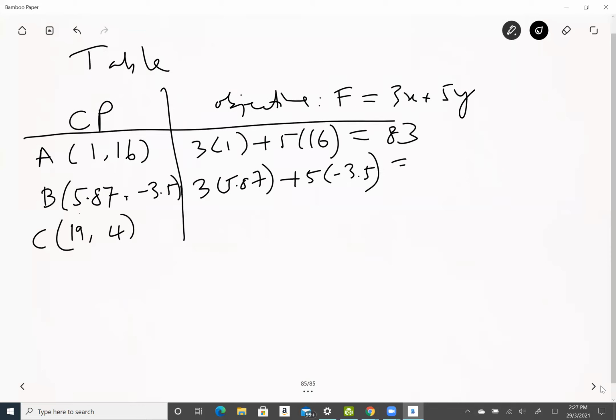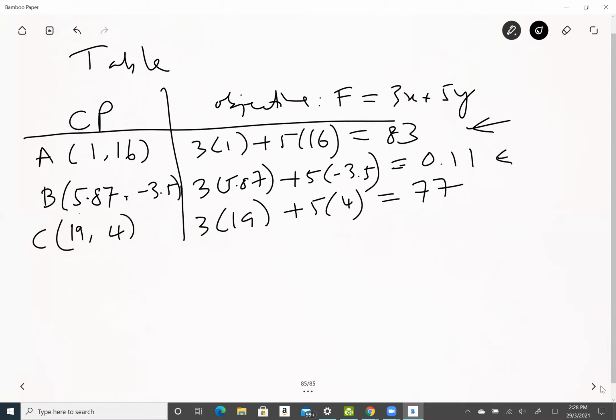What is it? 0.11. And then the last point: 3 times 19.4 plus 5 multiplied by 4, you get 58.2 plus 20. What is it? 78.2. Okay.